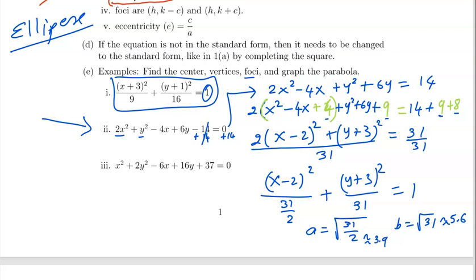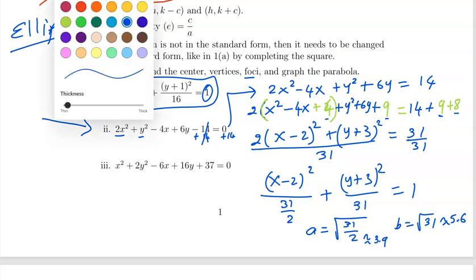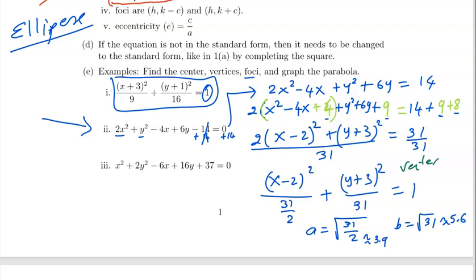So what's my vertex here? If you look at this problem, let me change the color. The center h, k is going to be 2 comma -3.